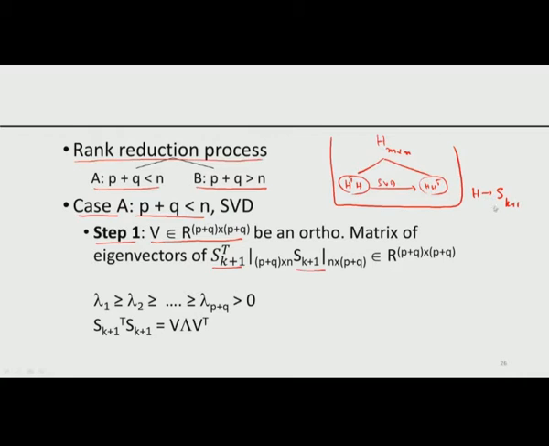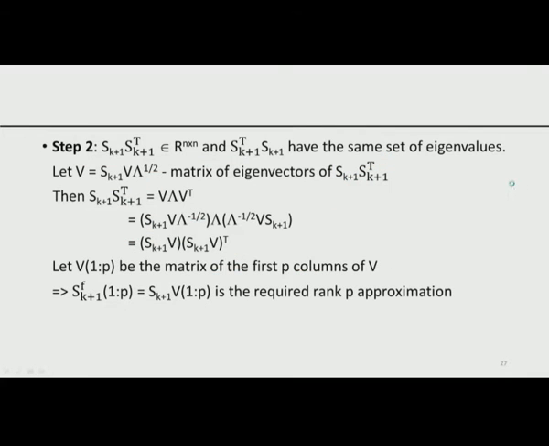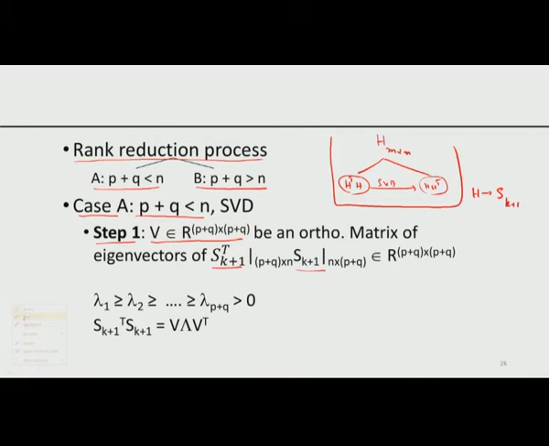So by replacing H by S_{k+1}, I can do all the analysis that I did for H, which is mathematically similar. By doing the eigenvector-eigenvalue decomposition for this Gramian, let these be the eigenvalues, let this be the eigenvalue decomposition.